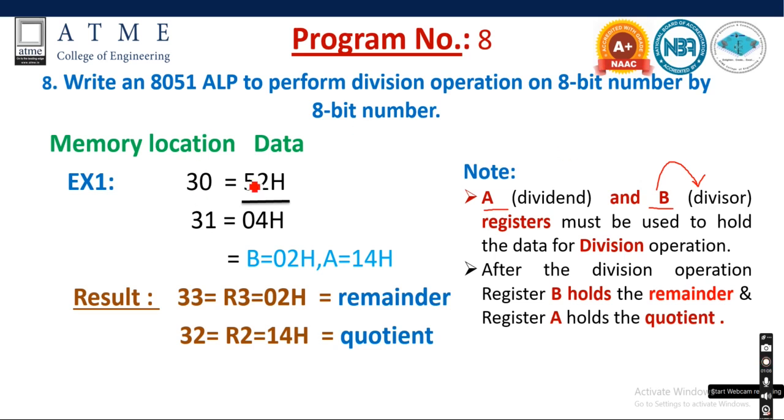After performing the division, the quotient will be stored in A and the remainder will be stored in B. Here we are going to store the quotient in the R2 register and the remainder in the R3 register.